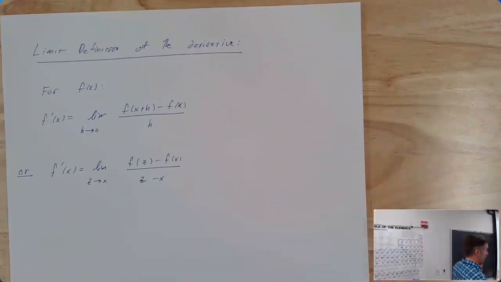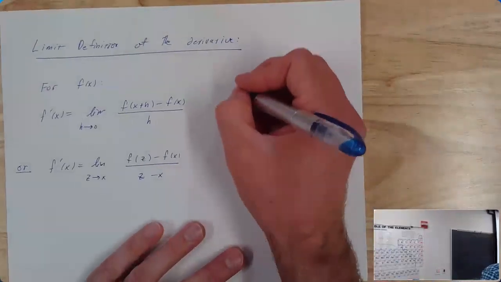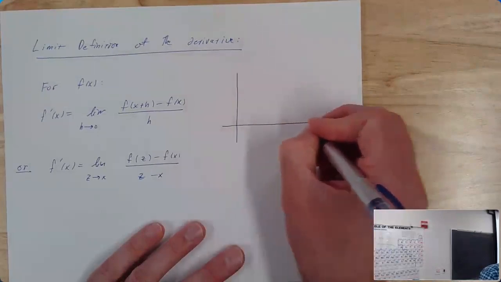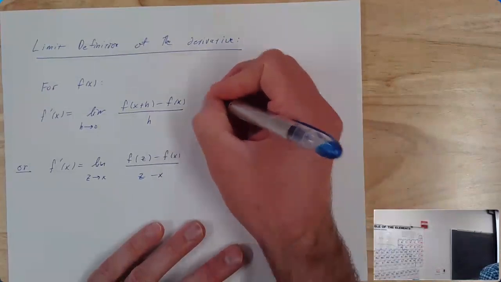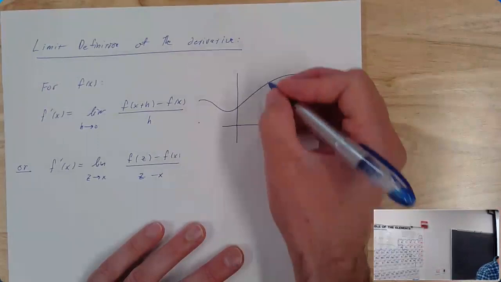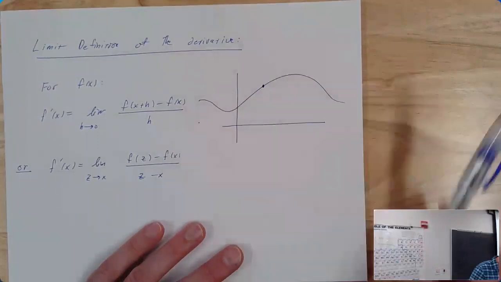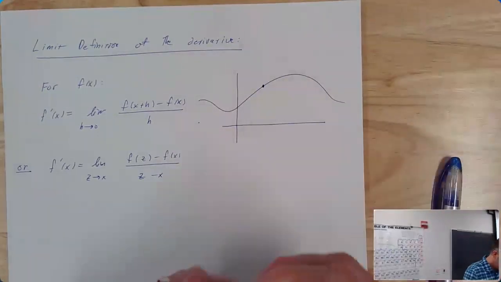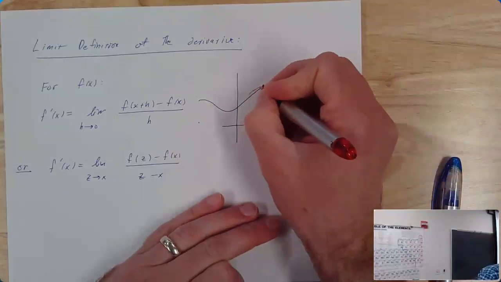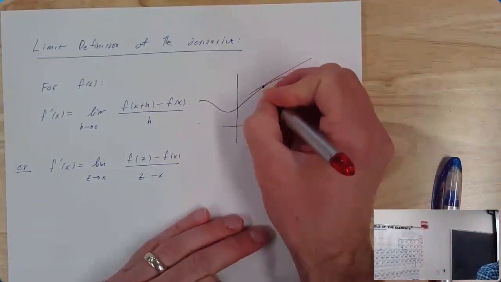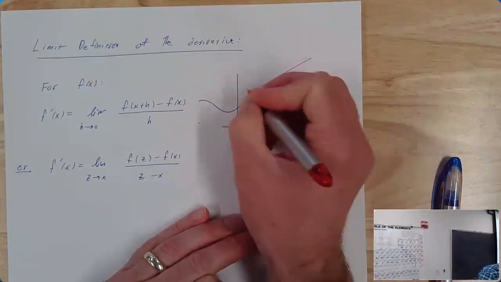Let's look at a picture for a second. The idea here is that you've got your function, it maybe looks like this, and we're interested in finding the derivative at this point. I'm going to call this point x, f of x.